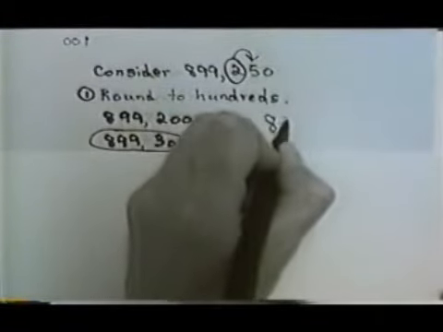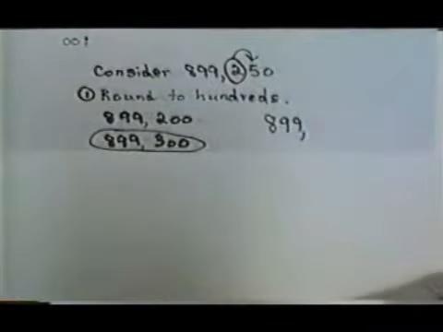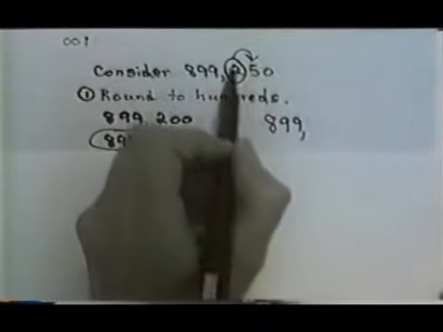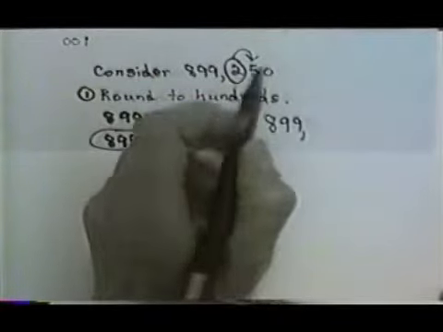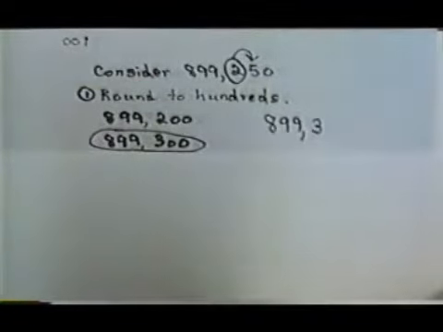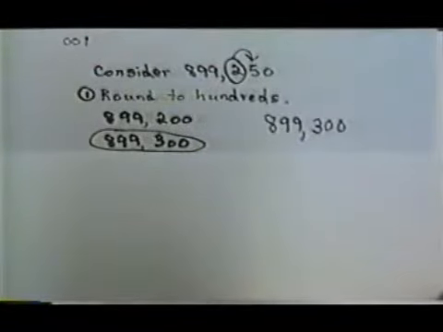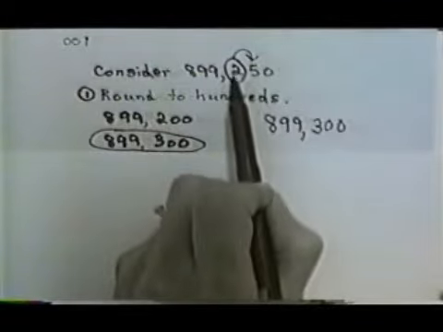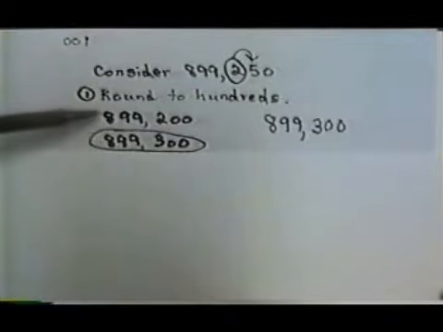So you'd write down 899, and then when you came to that 2, you wouldn't write down 2, but you look at your next digit, and since it's 5 or more, you would take the 2 and change it to a 3, and then you fill in your other places with zeros. So you can just find the digit and look to the right to round, or you can write down the two things that it's between and decide which it's closer to.